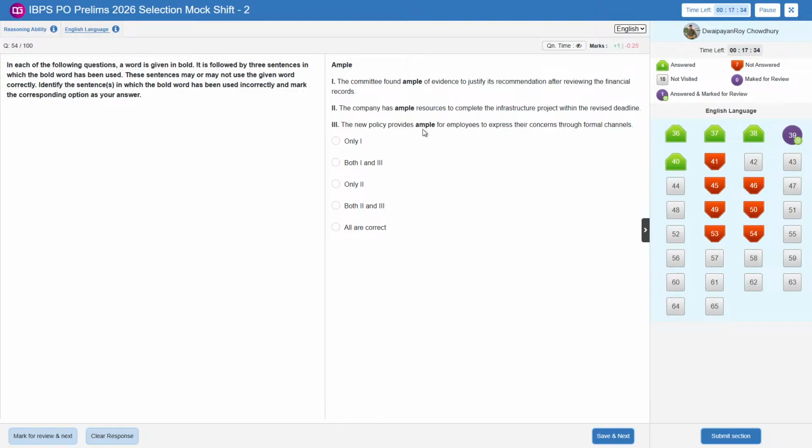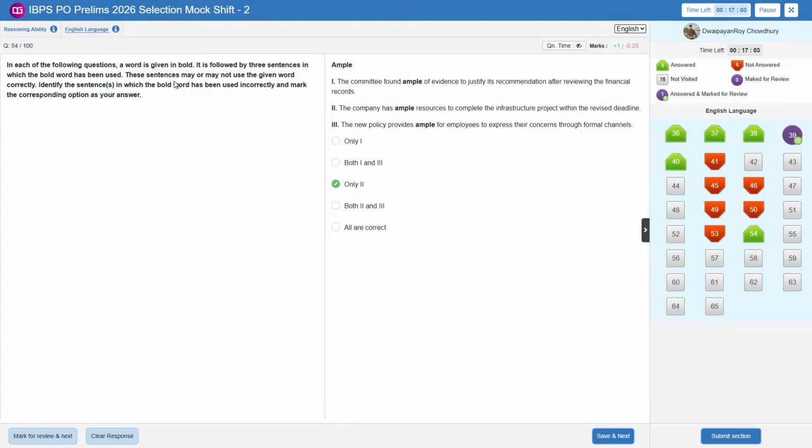The new policy provides ample for employees to express their concern. I think either only two. Committee found ample evidences, ample of evidence. Ample means many of evidence, many evidence. So I think only two seems to be correct.